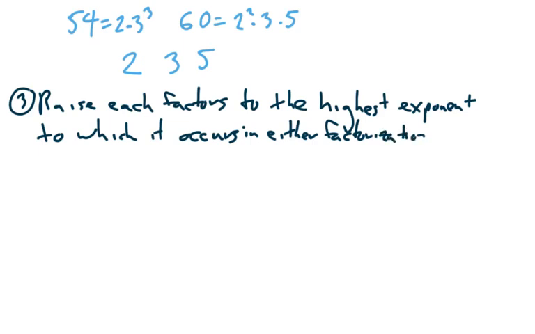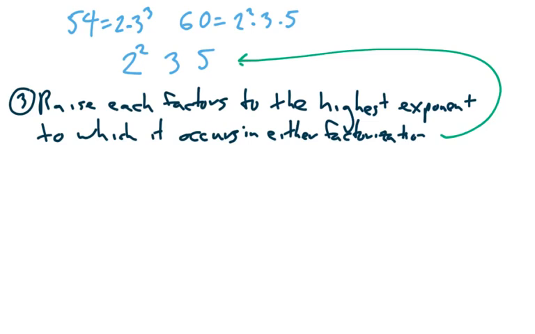So I'm going to go back up here, and I'm going to look at the 2, and I'm going to notice that in the 54, 2 occurs only once. But in 60, it occurs twice. The highest exponent is a 2. I'm going to put on here an exponent of a 2.